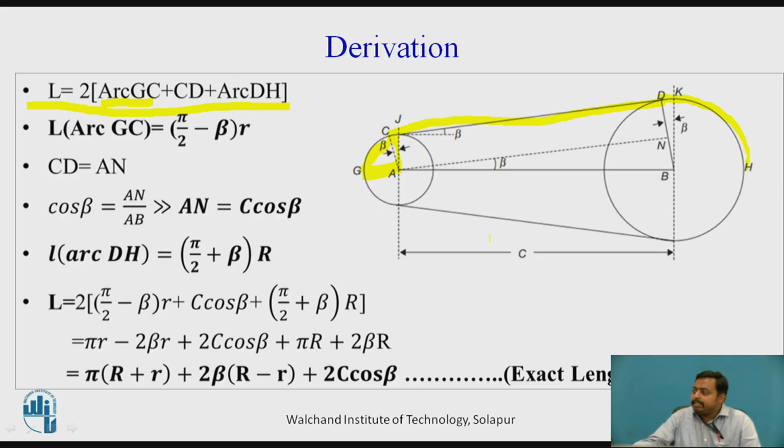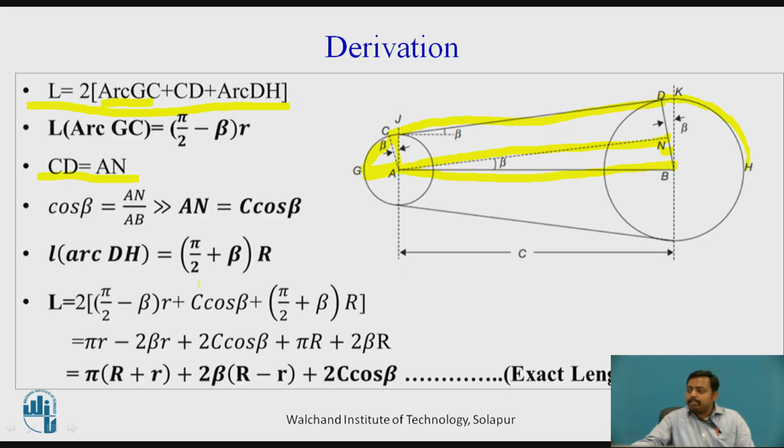Next, CD. As you know, CD is equal to AN. Both lines are parallel, so we can assume that CD is equal to AN. So in triangle ANB, a right angle triangle, the right angle is at N. Cos of beta is equal to the adjacent side AN divided by the hypotenuse AB.